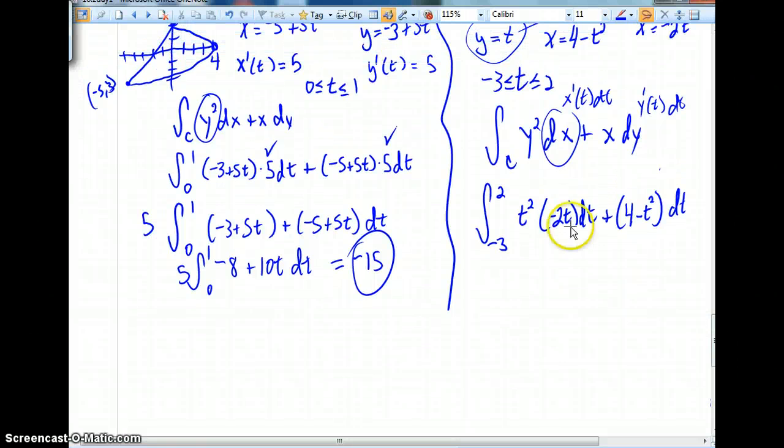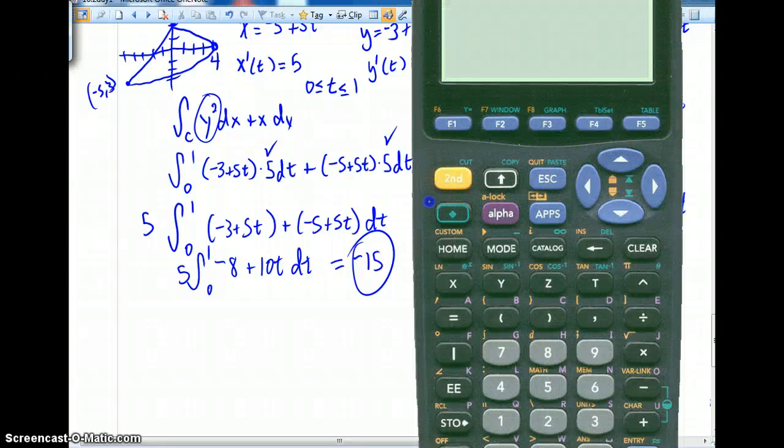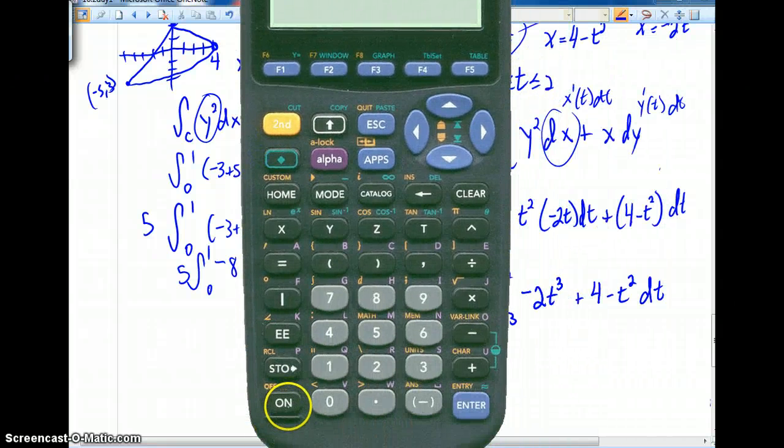Okay, so what we really have now is the following. Once we've made these substitutions, what we can do super quickly is just work this out by hand. Now look, we can have -2t to the third plus 4 minus t squared dt. And again, we could get some help from the technology just to speed this whole process up, and hopefully it won't be so bad.